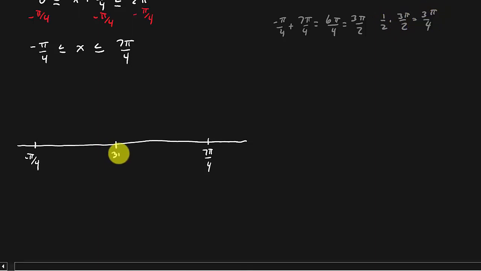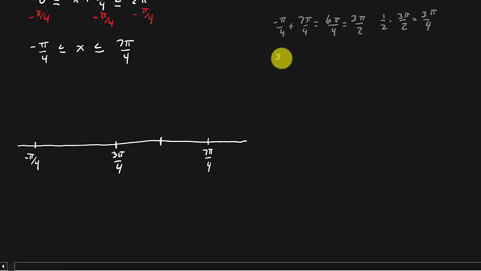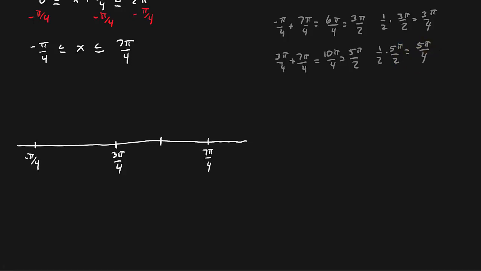And so this is 3 pi over 4. And then I need the midpoint here. That's going to be 3 pi over 4 plus 7 pi over 4, which is 10 pi over 4, or 5 pi over 2. And then if I half the 5 pi over 2, that's going to give me 5 pi over 4.